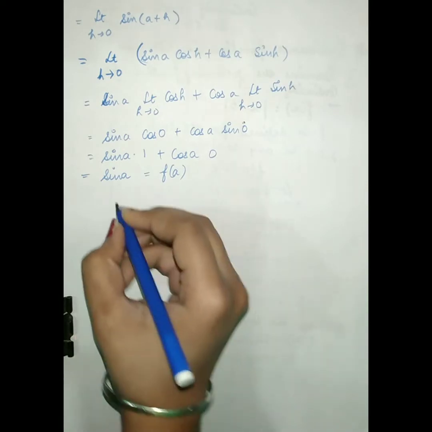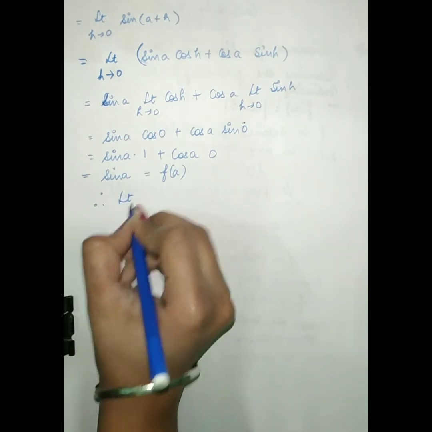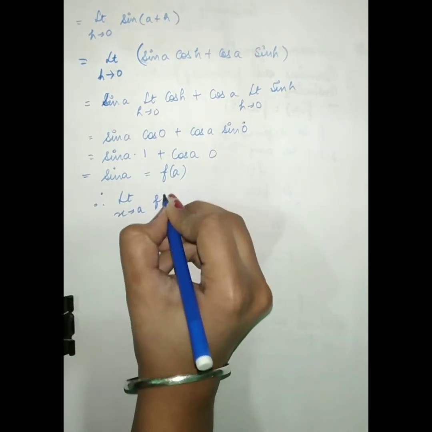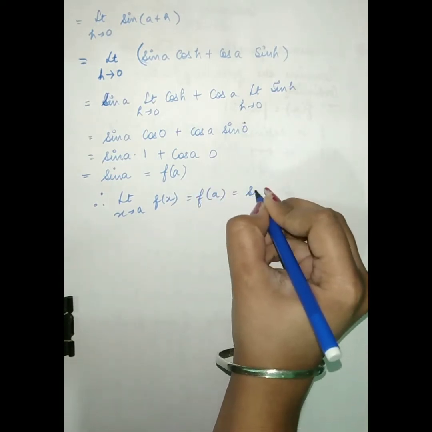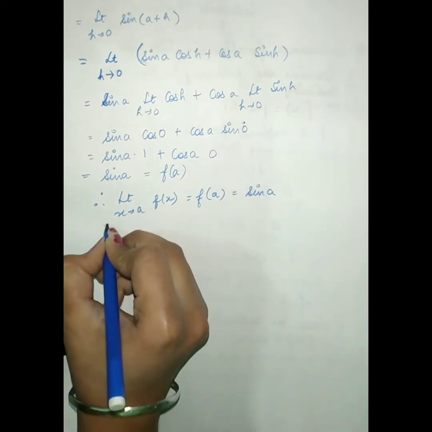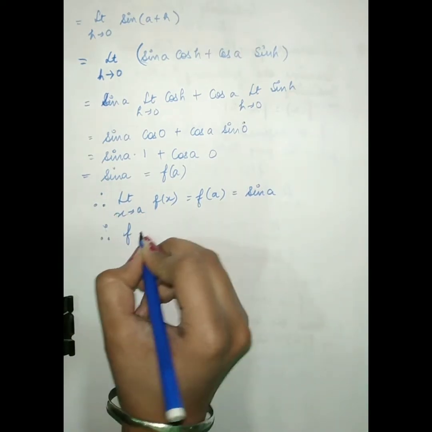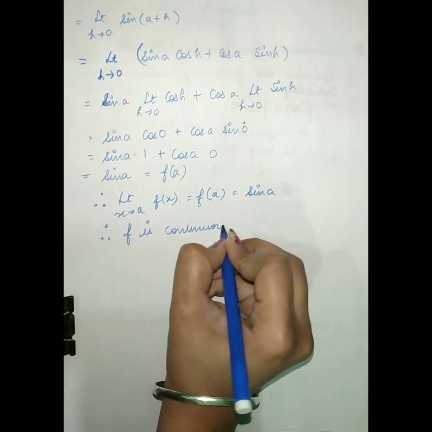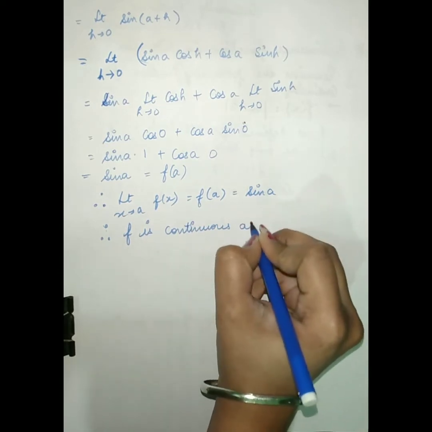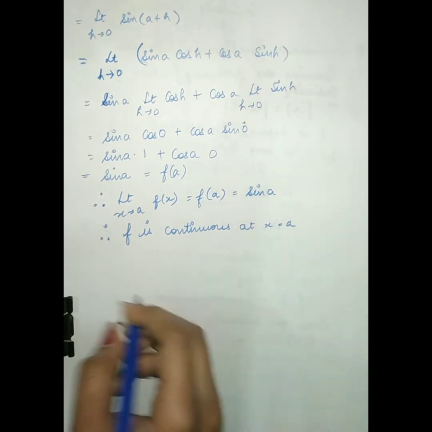So therefore the limit x approaches to a f of x will be equals to f of a, that means sine a. So therefore the function f is continuous at x equals a.